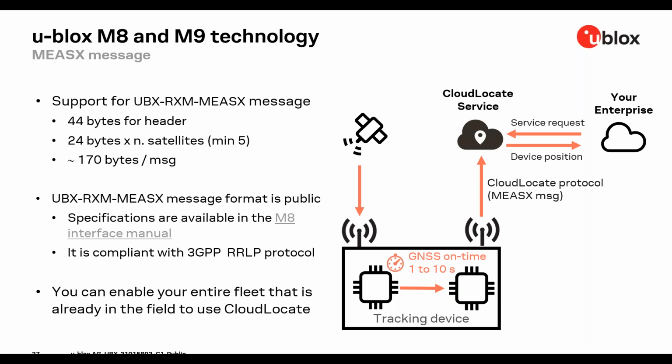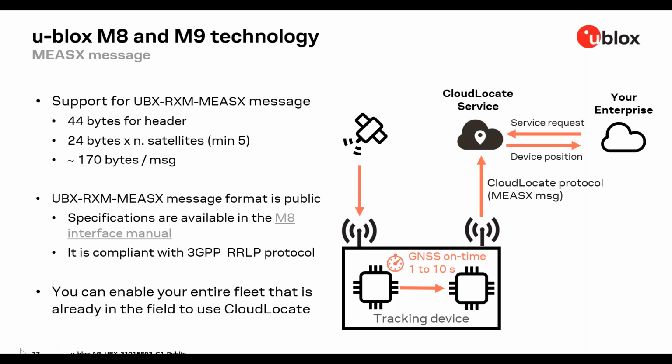But of course, this implies more work for you because you need to develop a solution to transfer the measurements provided by the third-party GNSS to a MEASX message. And this requires effort, time, and of course, it's a cost. So what we suggest is really to use u-blox hardware because our hardware is optimized in this sense.